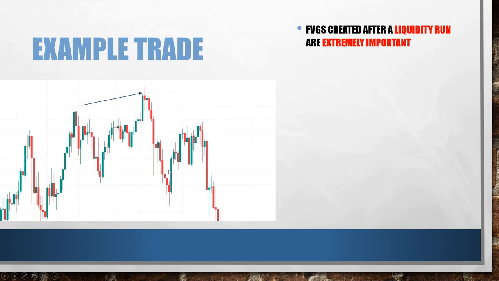So the FVG is created after the liquidity run. People are stopped, deep pockets are allowed to short massively because automatic buys were triggered here with the stop losses, and also the weak traders started to buy because they thought it was a breakout and it was going to the moon, so big traders could sell.